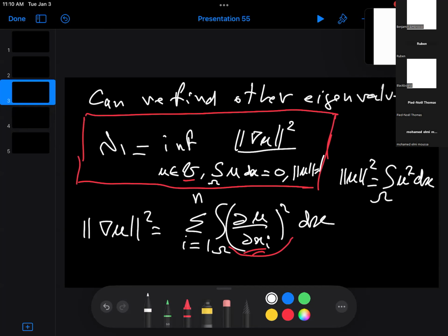And I can find a sequence of, so let us write that.